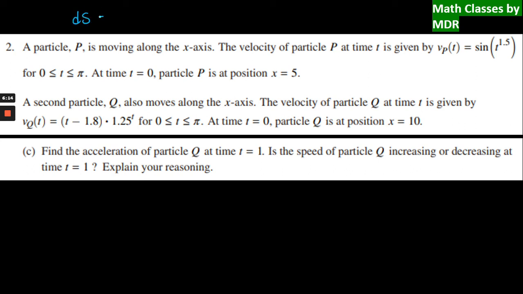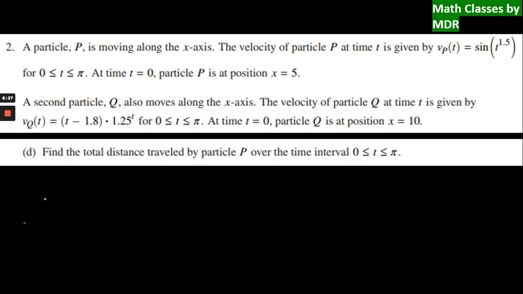We know that velocity is ds by dt, and acceleration is nothing but dv by dt, right?